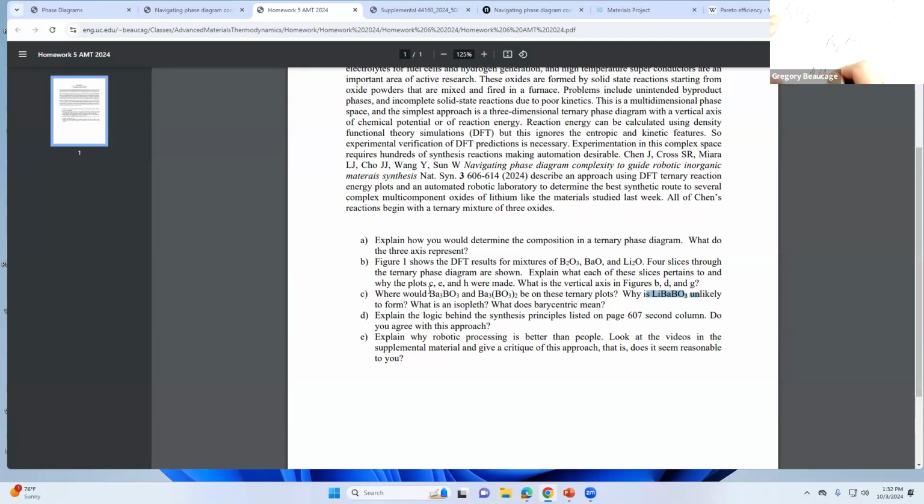So B and 3 BA has to equal B2O3 and BAO times X and 1 minus X. So even just the B, 1 has to equal 2X. And for the BA, 3 has to equal 1 minus X.